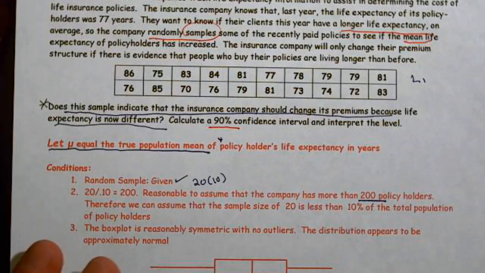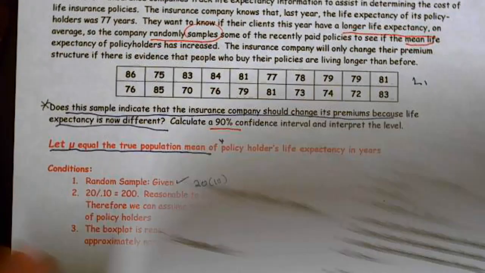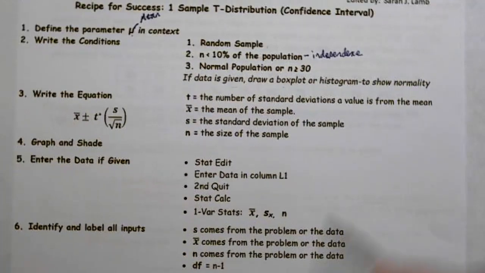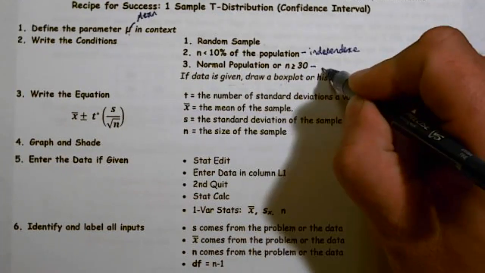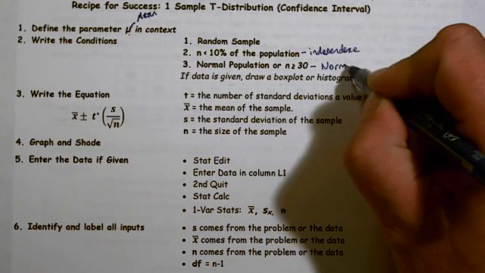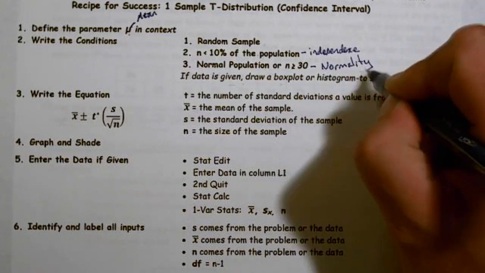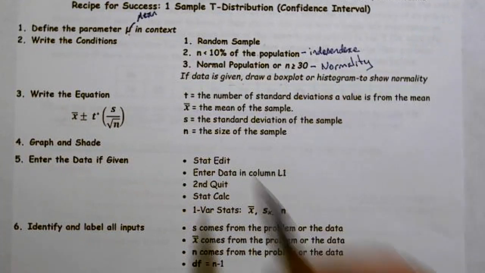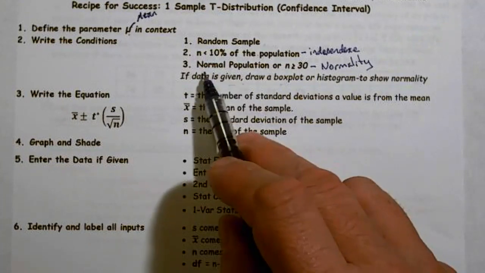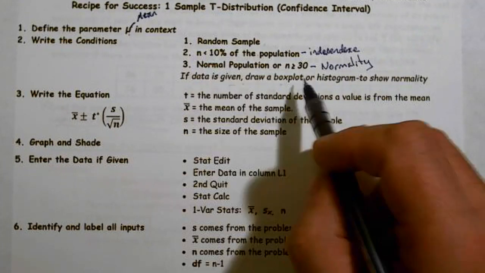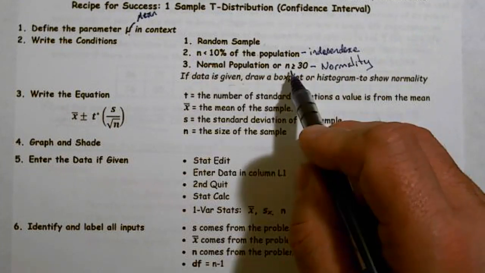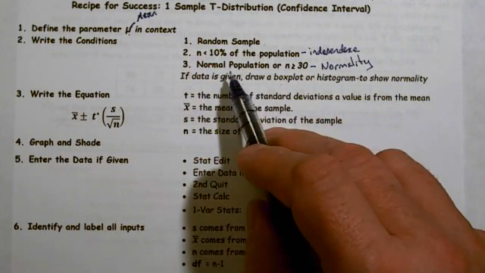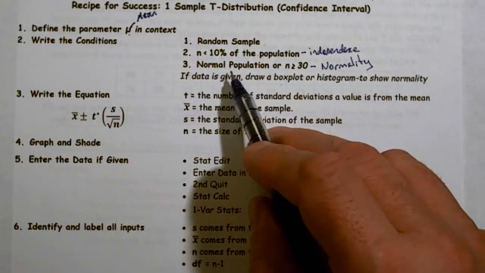Okay, in this case, the next thing we need to check is what I call the normality condition. Extremely important condition. And there's a couple ways to test it. One, if the underlying population is normal, we're good to go. If our sample size is 30 or larger, we're good to go. Well, they didn't tell us the underlying distribution, so we don't know if it's normal.